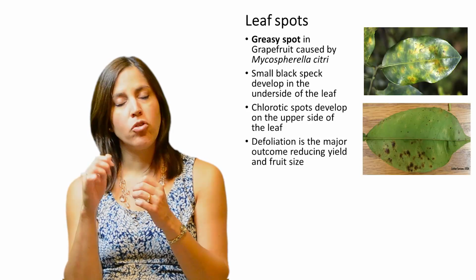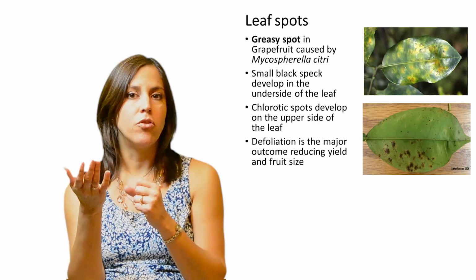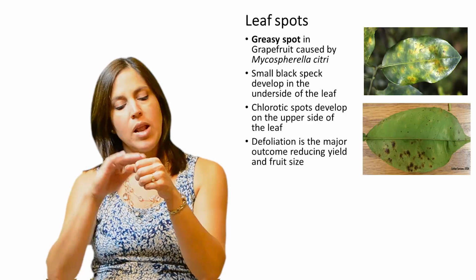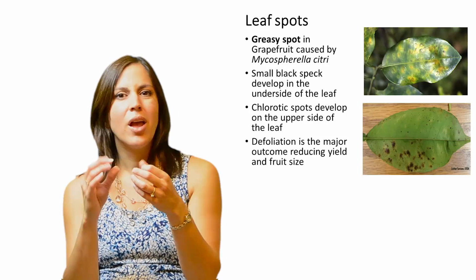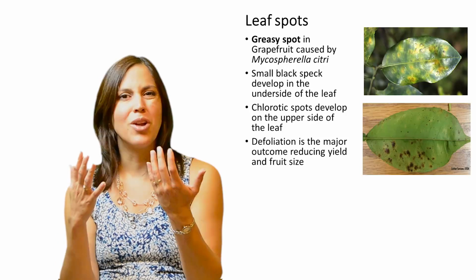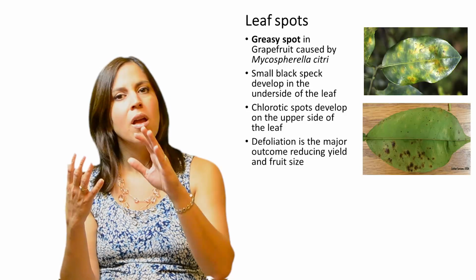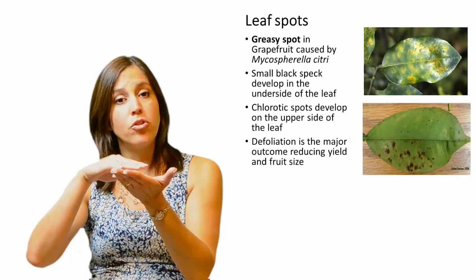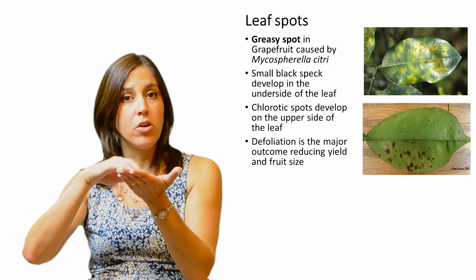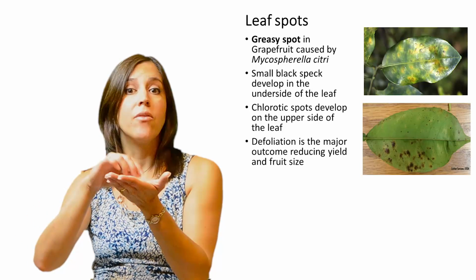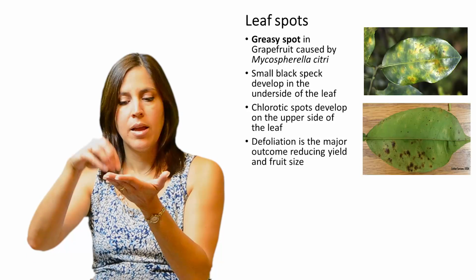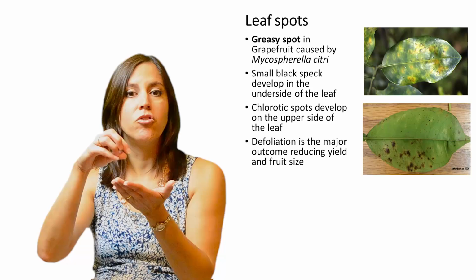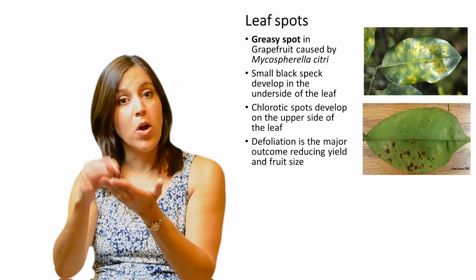So in these two pictures that I have here, on the top part of the leaf you can see yellowing, and if you just see that, you're going to wonder what this is, because it can be many things. But when you turn the leaf around, that's where you see most of the fungus that is actually growing, with black pustules on the bottom of the leaf, in very localized spots.